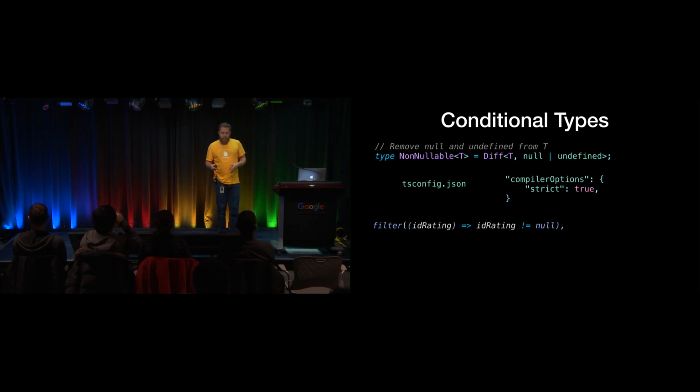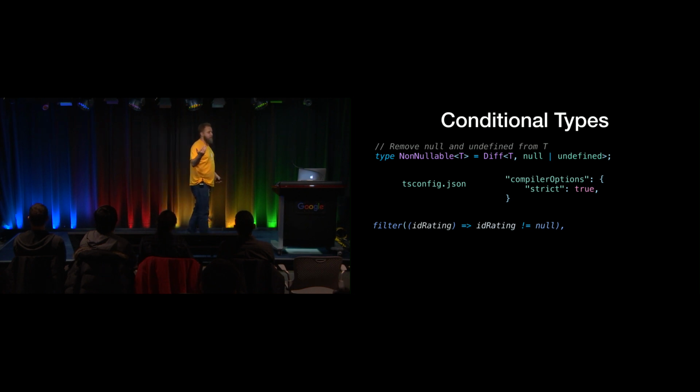So where does this non-nullable become handy? For example, there's a filter operator over ArcGIS. As it was typed pre 6.5 release, it wasn't realizing that here. So we, for example, compare ID rating not equals to null, meaning we filter all the values that would be null, right?